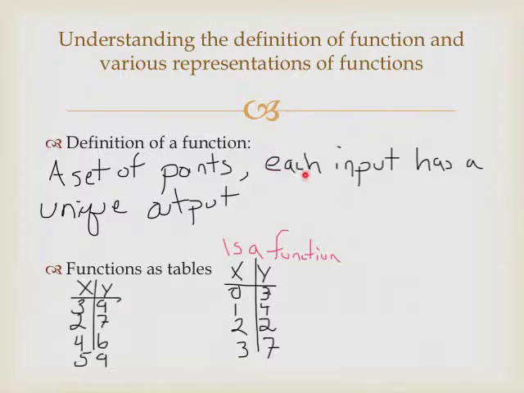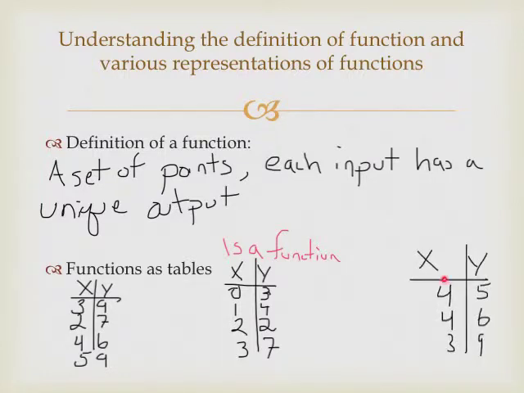Okay? The way the definition works, each input has a unique output. That means that if I had an input of, say, 4, that 4 has a unique output of, making something up, 5. So that means if this 4 shows up again, and I have like a 6, and I have like 3, 9, something like that.